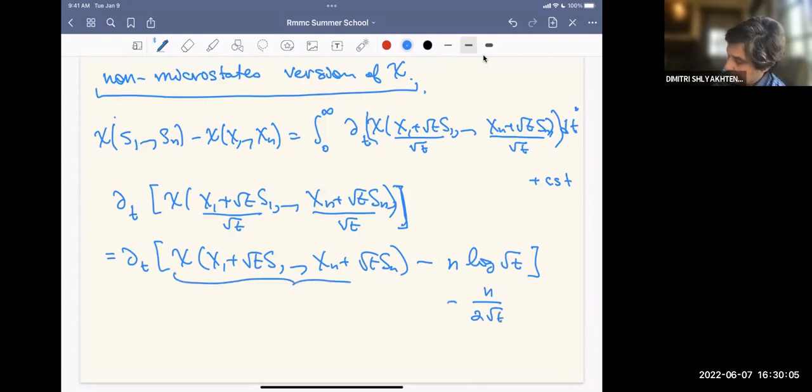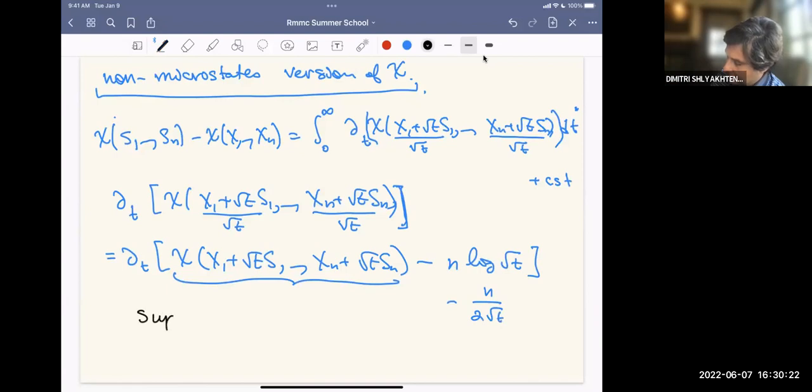The question is, what's the derivative of this quantity? And here you have to make a kind of a leap of faith. And we know now that actually it's more than a leap of faith. Actually, the computation I will formally make is incorrect. I'll explain why in a second.